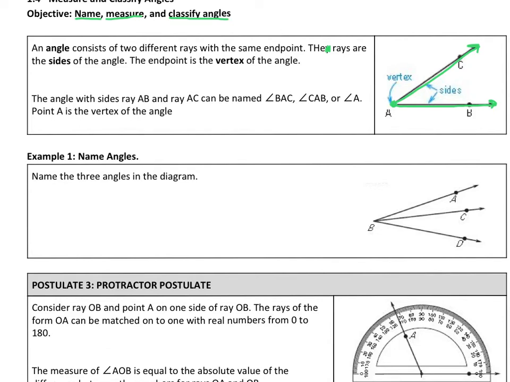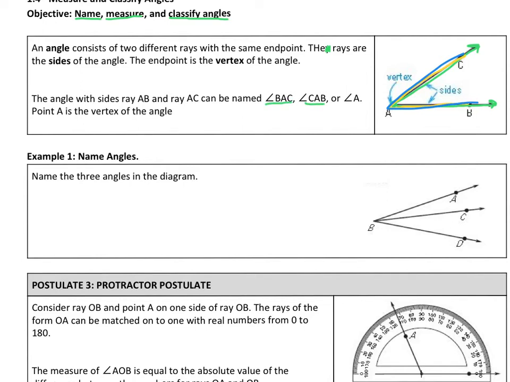So we could name this angle BAC, or we could go the other direction and name it CAB. So the vertex is always in the middle when we name our angles. So that angle could be named BAC or CAB.